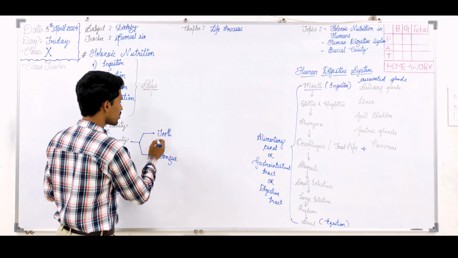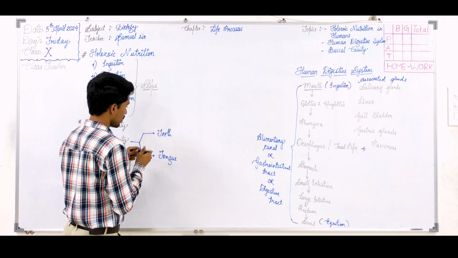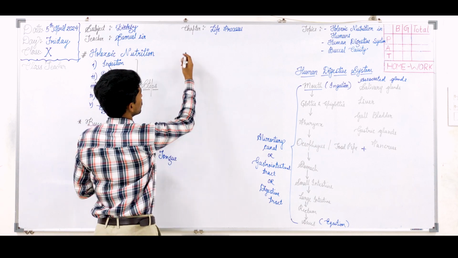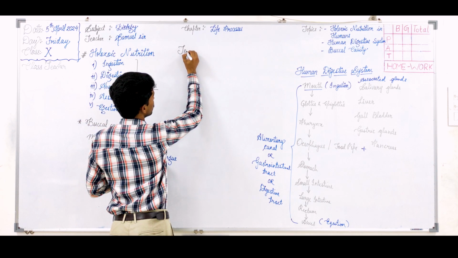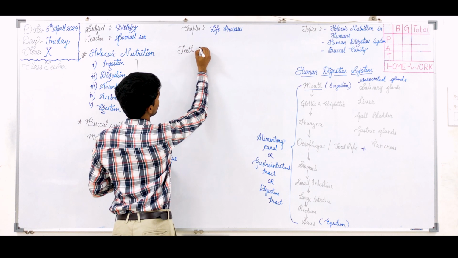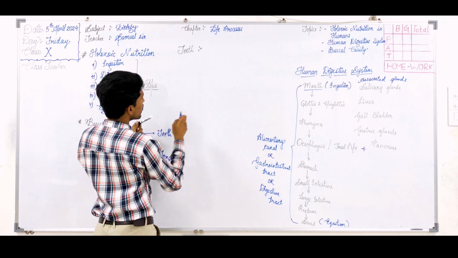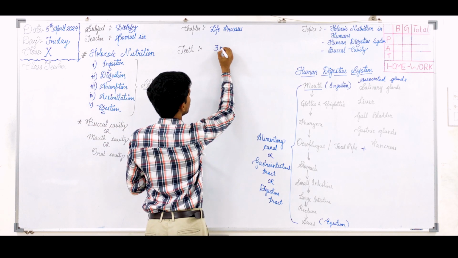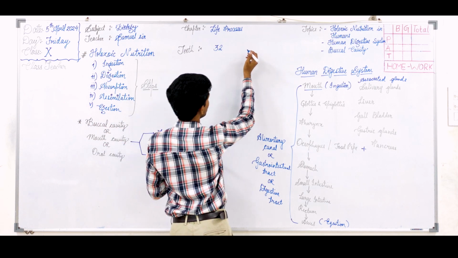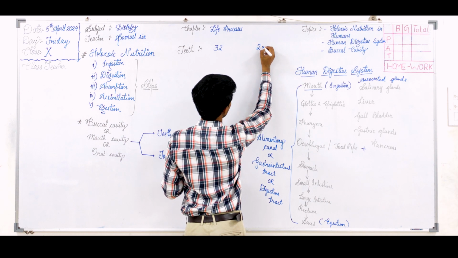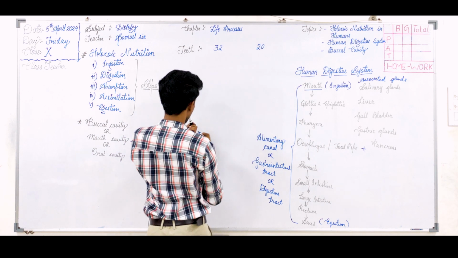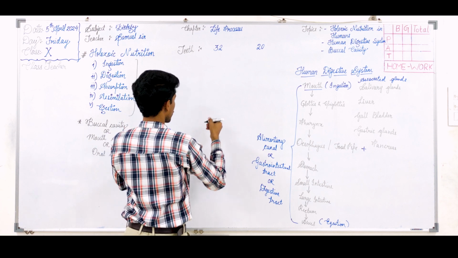Now if we talk about the teeth part, we see that there are 32 teeth in the case of adults and 20 in the case of children.